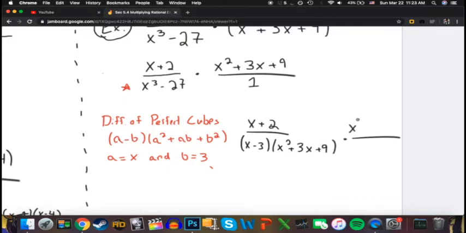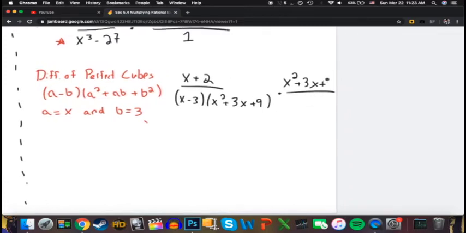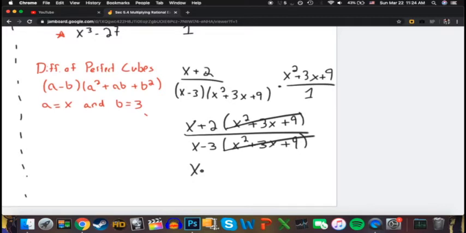And we still have that second fraction remaining the same. And if you were to conjoin both of those expressions together, then we're just going to get an x plus 2 times x squared plus 3x plus 9. Then over on the bottom, we just have x minus 3, and then parentheses x squared plus 3x plus 9. And so since these two expressions are exactly the same, they cancel out, and so we just have x plus 2 over x minus 3 for our final answer.